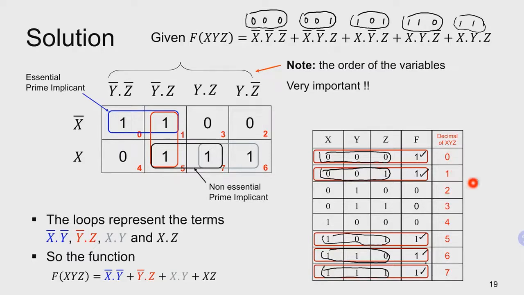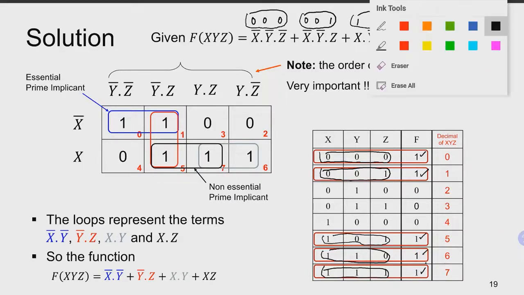Don't list it in any order you like, because you end up with the functions of the minterms not in the right order. Okay, so from the truth table, you can fill up your Karnaugh.